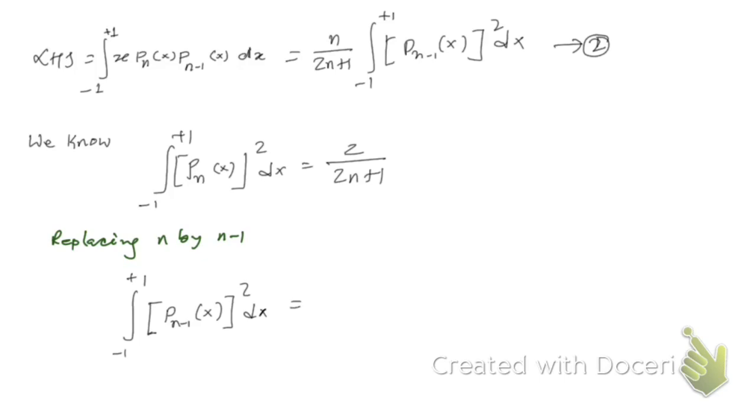On the other side, 2 divided by 2, instead of this n we're going to write n-1+1, right? Now if we simplify this, what we're going to have? 2 divided by 2n-2+1.